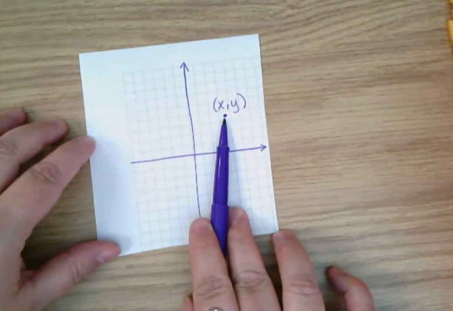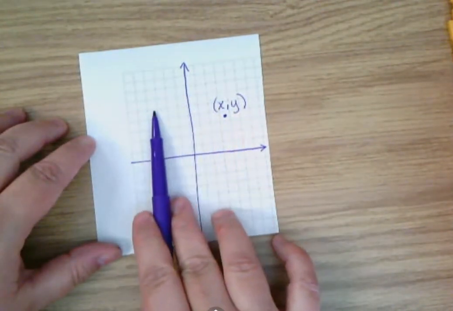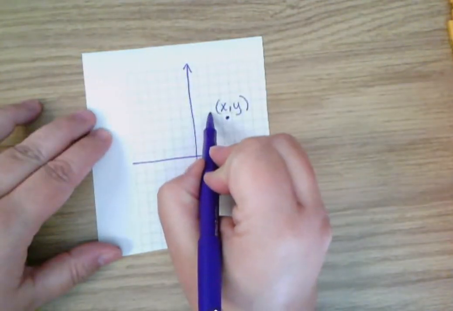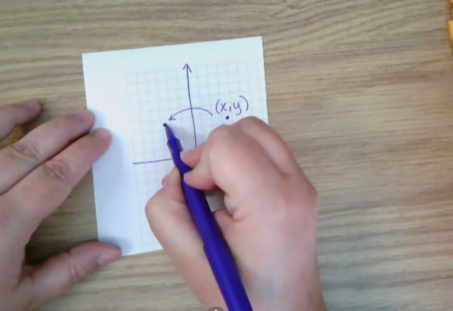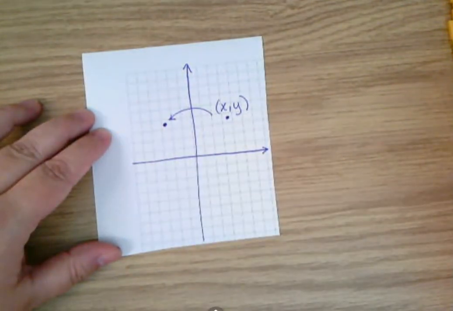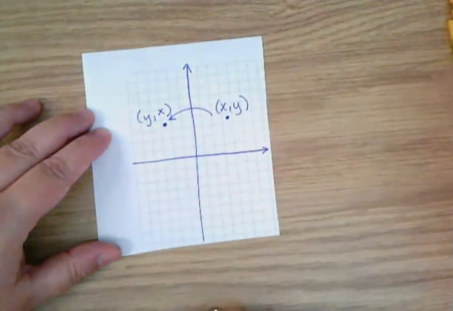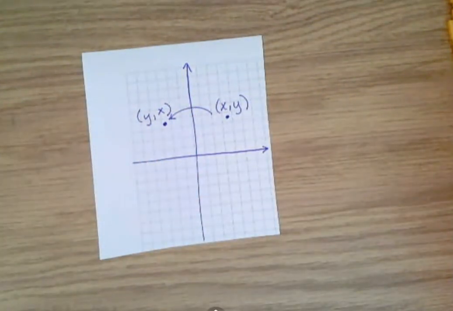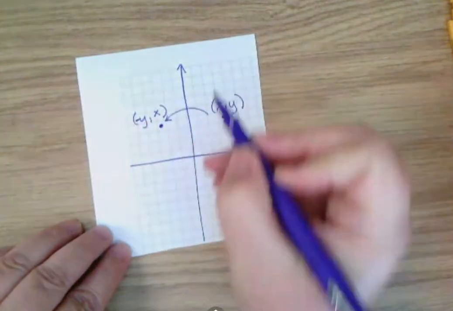If I want to rotate 90 degrees counterclockwise, that means going this way. It's going to end up in this quadrant. Remember, every time we go 90, they trade spots. Another thing we have to remember, though, is in the second quadrant there, it's negative and then positive. So this should be negative.